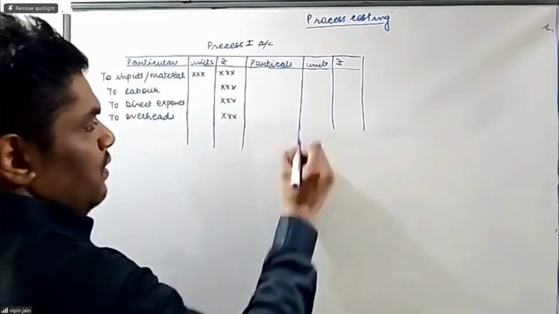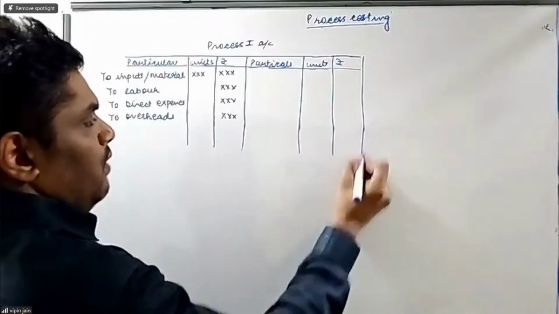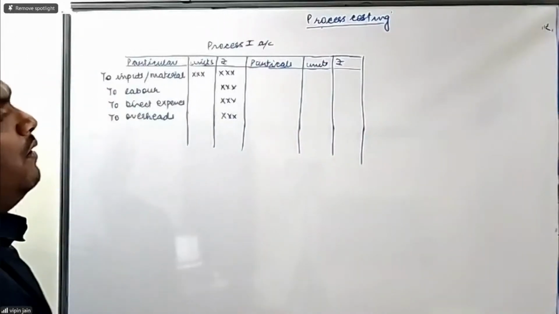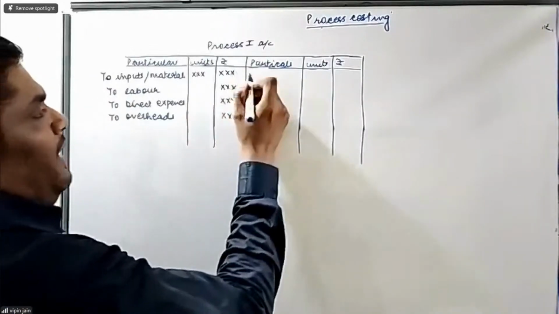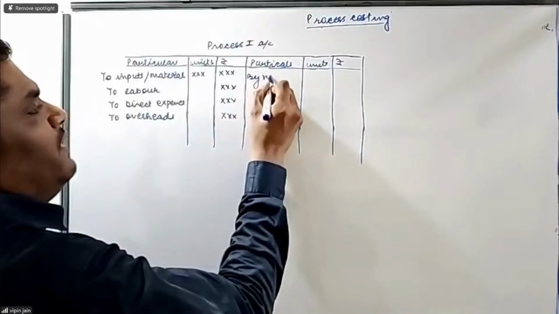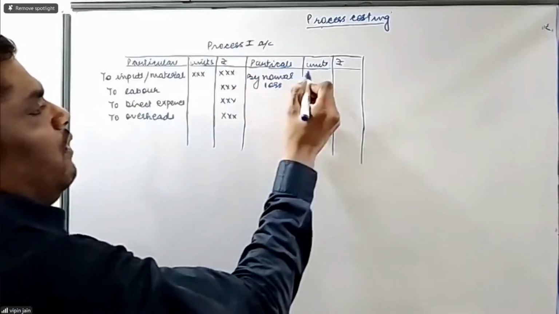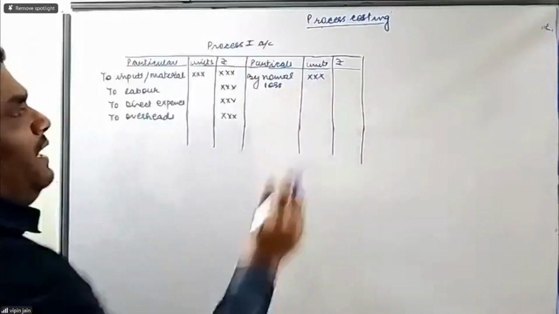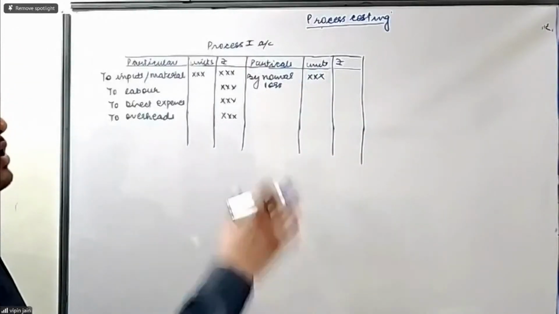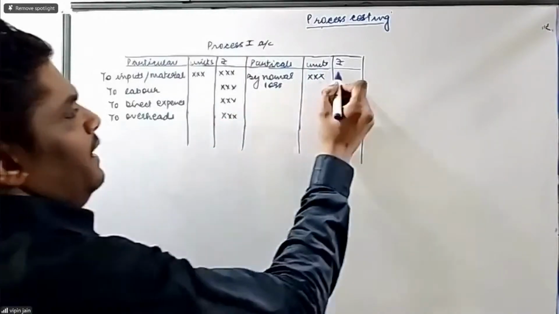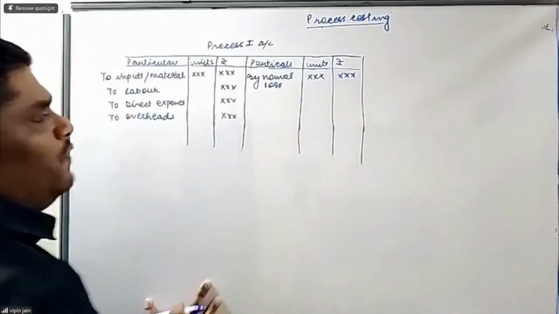Now, if there is any normal loss, we'll record the normal loss here. Let's say 10% units are scrapped. So we'll record the normal loss here and the amount realized on sale of normal loss.